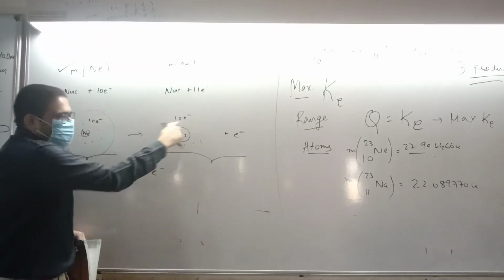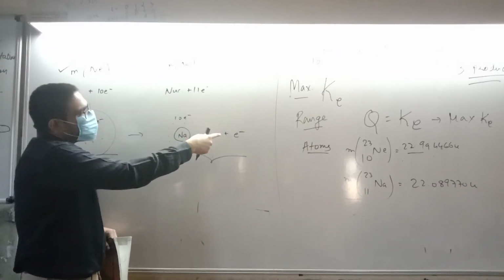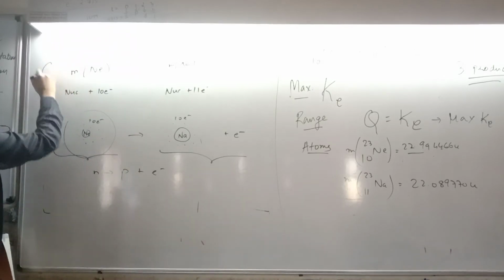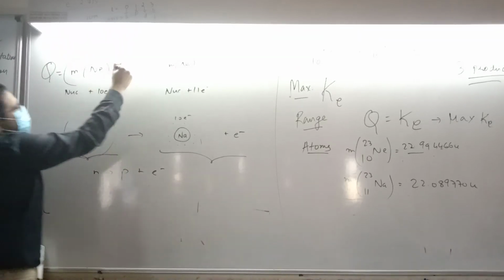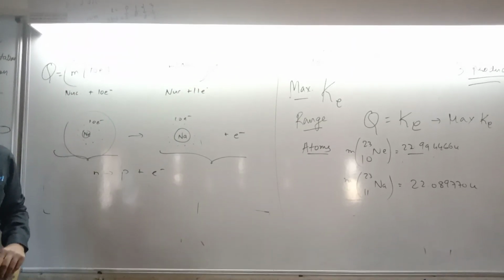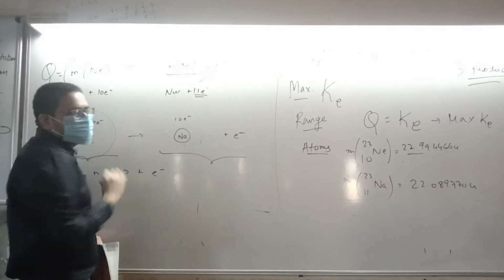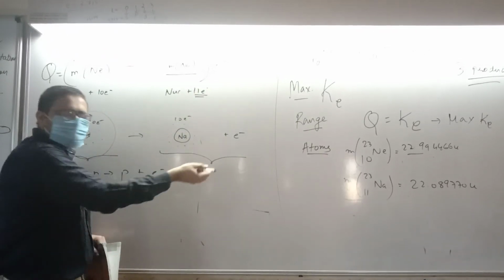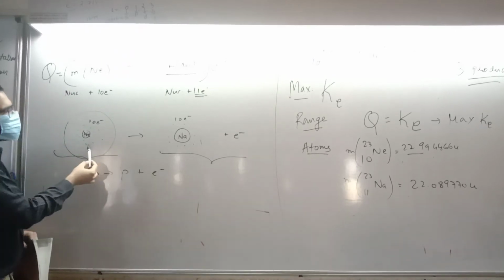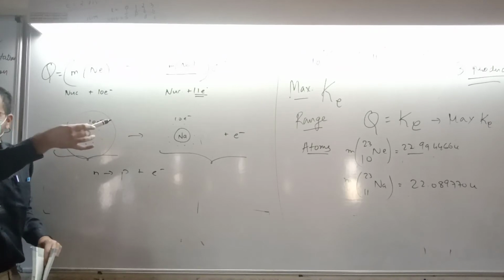Because there are only 10 here and the extra one is the emitted electron, making 11. So when I find the Q value of this reaction, all I should be writing is this, because when you write this, you are already including 11 electrons. There are not 12. There are only 11, and here 10. Counting is fair, isn't it?